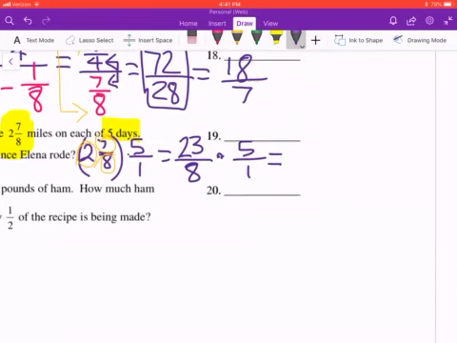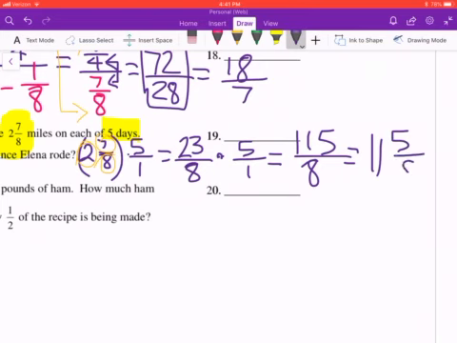And so here, if we multiply 23 times 5, we're going to get 115. And 8 times 1 is just 8. And so that's what we get. Now, if we were to divide and convert into a mixed fraction, we will get something like 11 and 5/8.